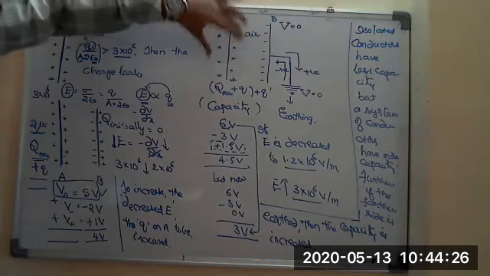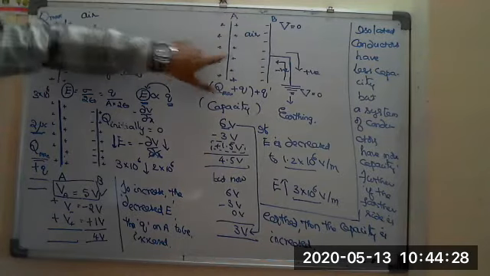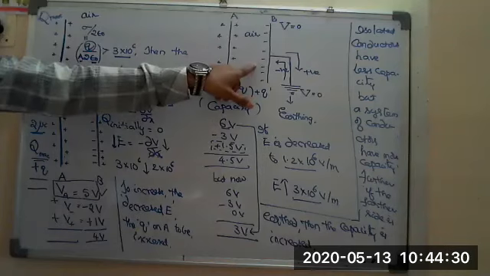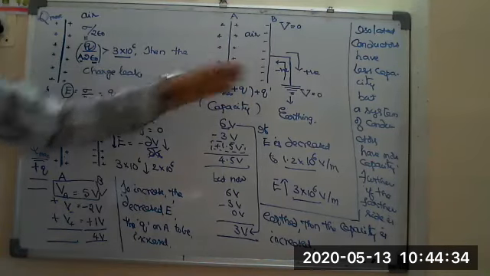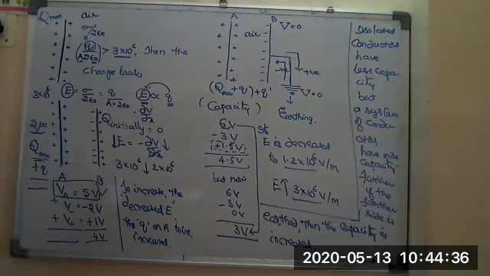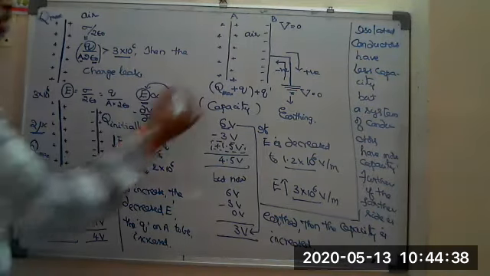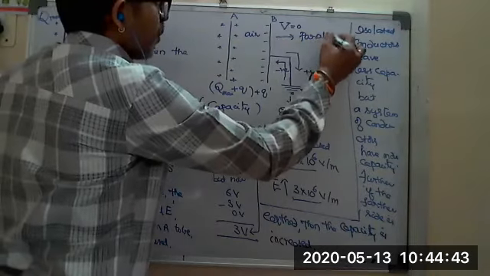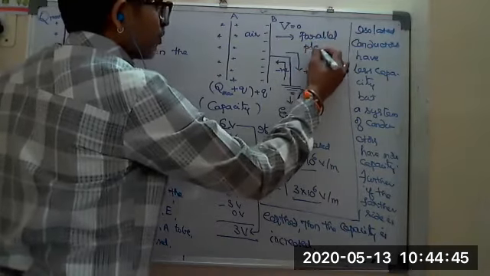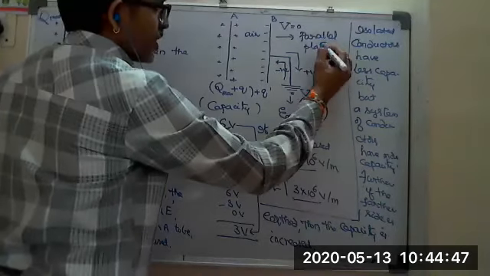And here in this case, what did you take? 2 plates. In the theory, 2 plates, and those 2 plates are kept parallel to each other. That's why this combination is called a parallel plate capacitor. This is called what?